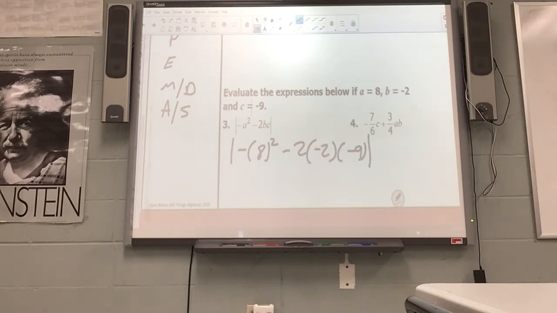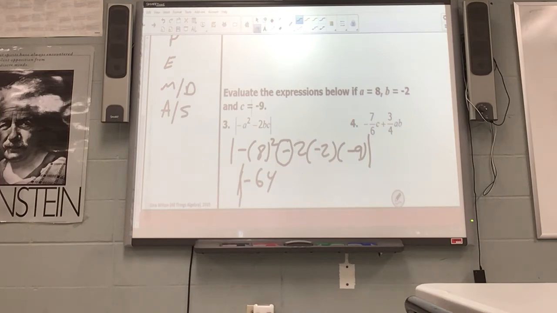Okay? So when I square 8, that's 64, but then it's got a negative in front of it. So I got negative 64, that's my absolute value bar I'm still working in. Alright, so negative 2 times negative 2, you could take this sign right here and bring it down as a minus, or you could go ahead now and use it as a negative. It doesn't matter as long as you're careful and know what you've done. It'll work either way.